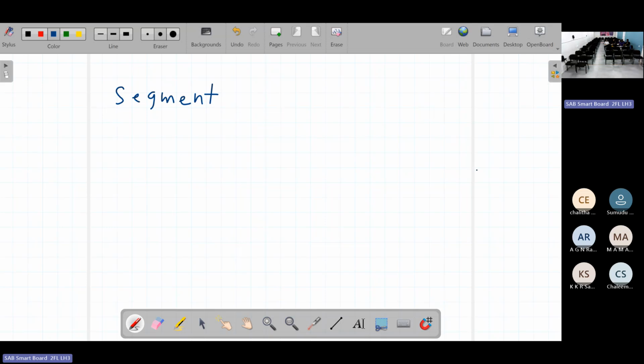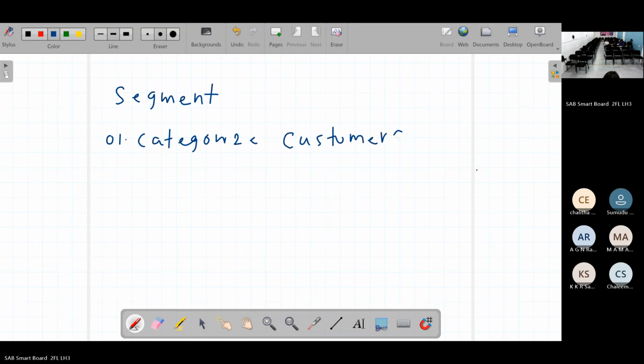So that's what segment is. You can write down this point: we are going to categorize customers into segments. For example, based on age, gender, educational level.